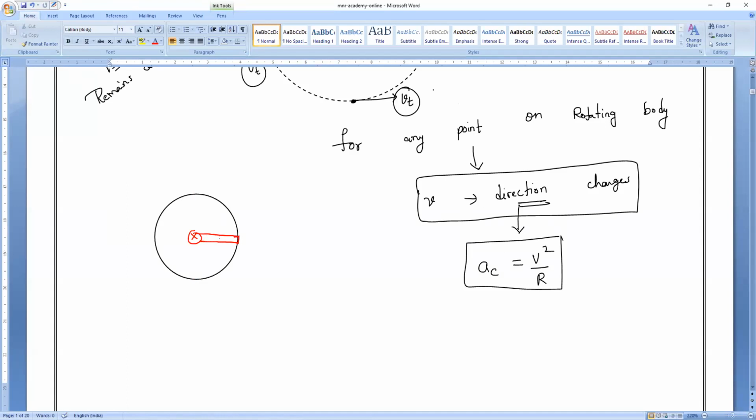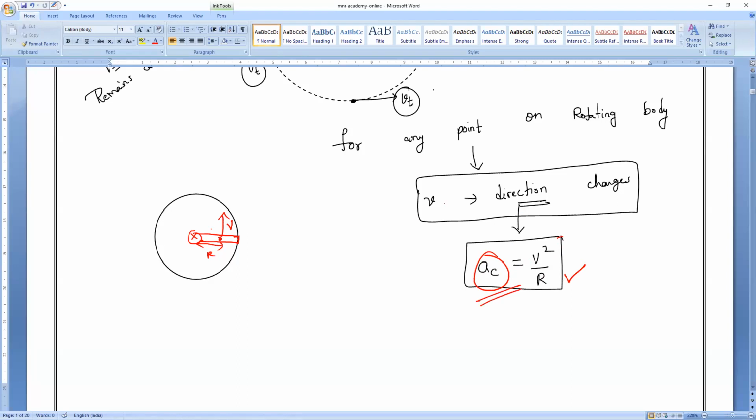At any point, the velocity is V and the radius is R. So the centripetal acceleration AC is equal to V square by R. This is the formula for calculating the centripetal acceleration.